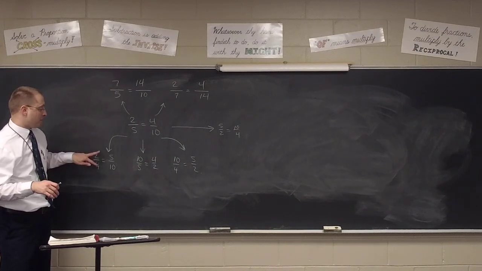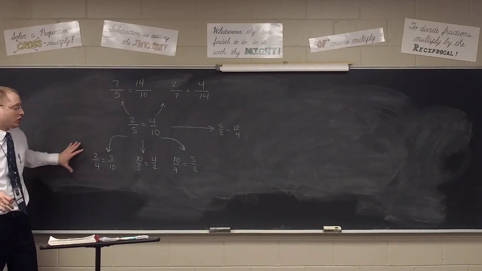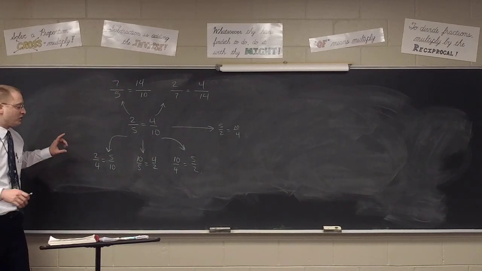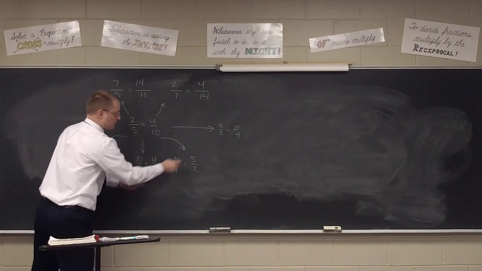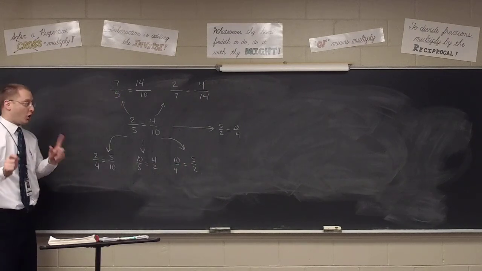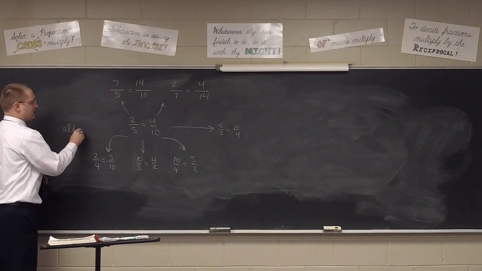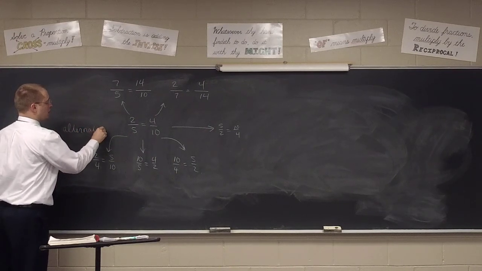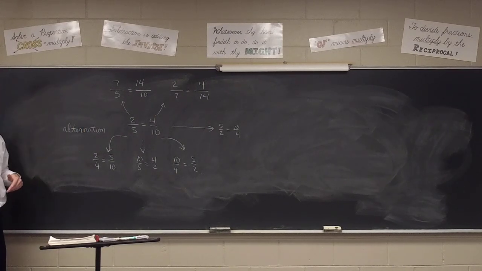So if we switch the means or the extremes or both, class, this is called alternation. If we switch the means, or we switch the extremes, or we switch both of them, that's alternation. By the way, this is a skill to alternate that you're going to use a lot in physics your senior year.